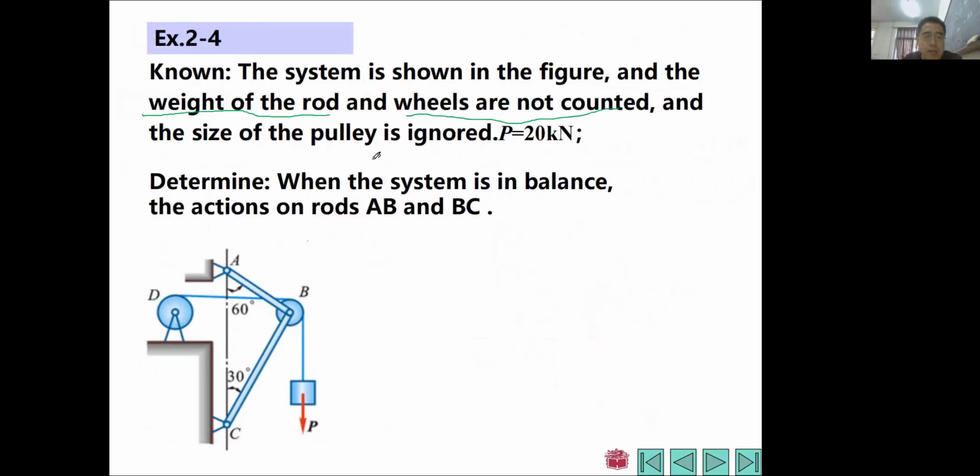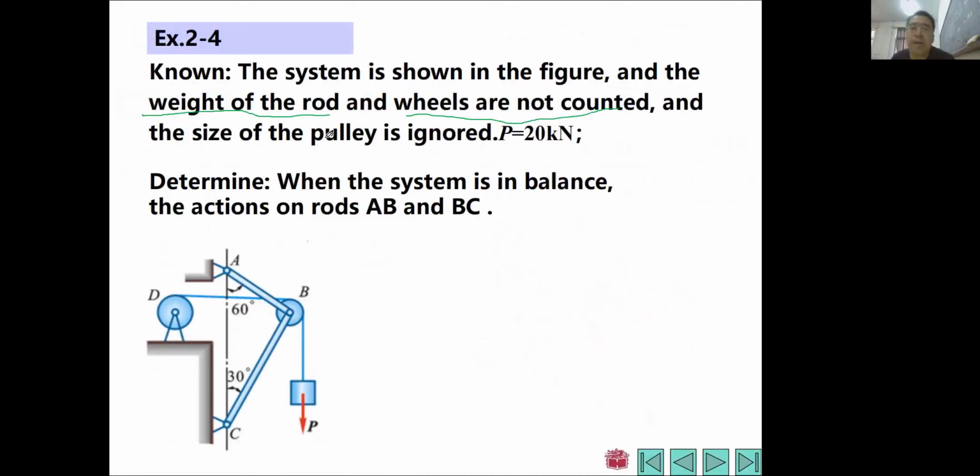And the size of the pulley is ignored. So this tells us the radius of the pulley is not important. It can be bigger, it can be smaller, maybe only the same size as this pin. It has no effect on our final result.